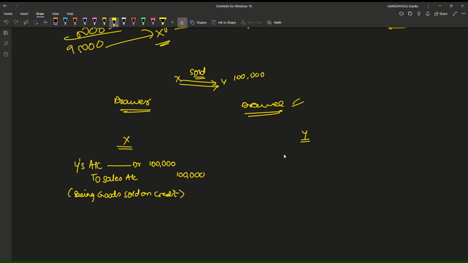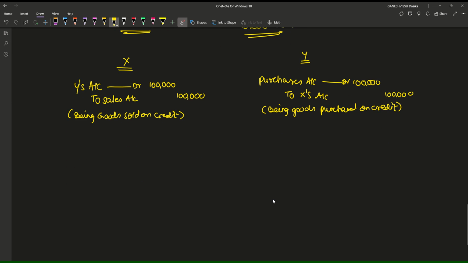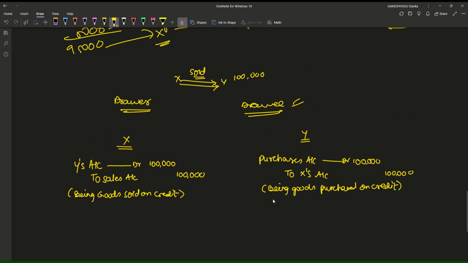And Y is purchasing the goods, so he can write the entry: purchases account debtor to X account, 1 lakh rupees. The narration would be being goods purchased on credit.